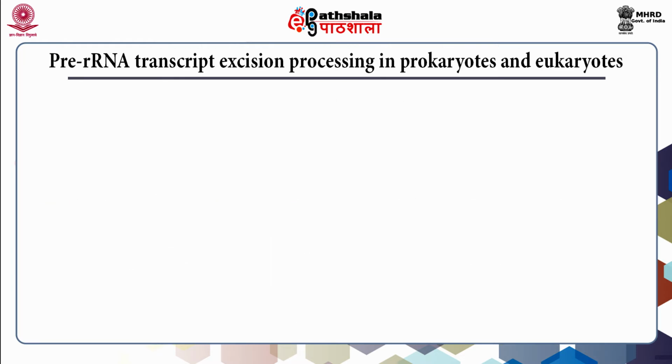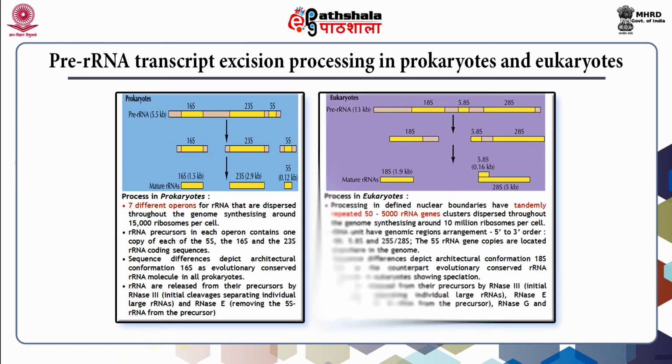There exists a radical gap in the number as well as sequences of ribosomal RNA genes between prokaryotes and eukaryotes, as exemplified by 7 copies of ribosomal RNA genes in E. coli synthesizing around 15,000 ribosomes per cell, while in eukaryotes with defined nuclear boundaries, anywhere from 50 to 5,000 sets of ribosomal RNA genes, resulting in the synthesis of as many as 10 million ribosomes per single cell.